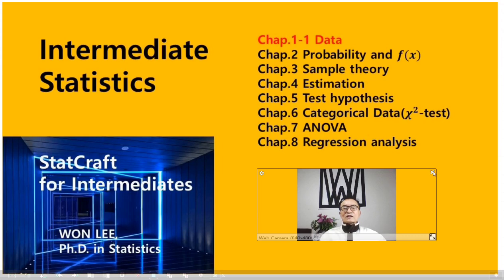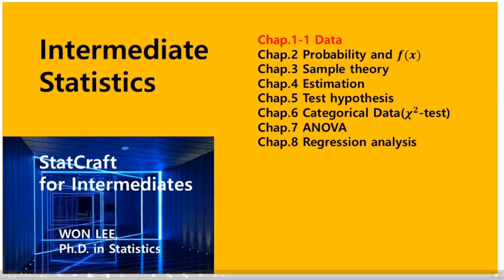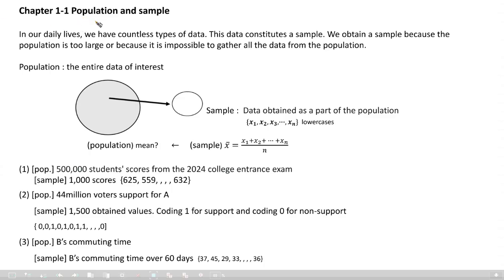I'd like to explain a little more about data. See, population and sample. We encounter countless types of data every day. The data constitutes a sample. Most data you meet are samples. We obtain a sample from a population because the population is too large, or because it is impossible to gather all the data from the population.